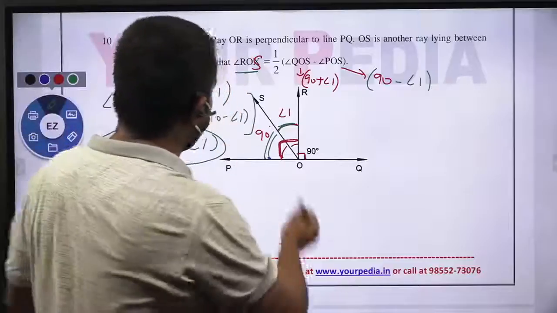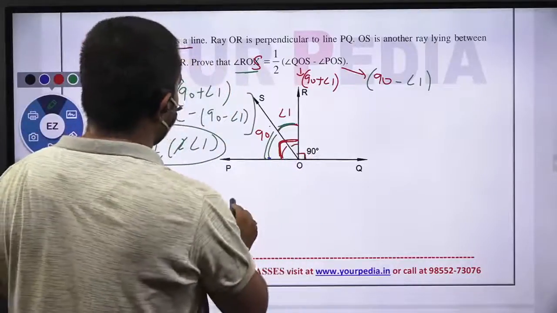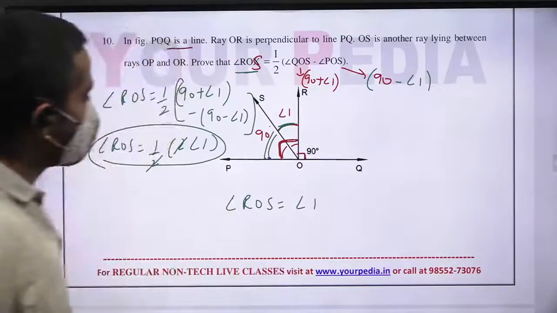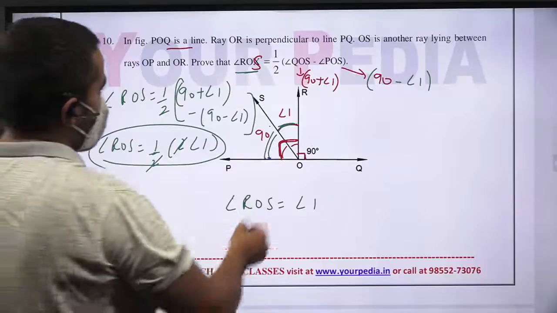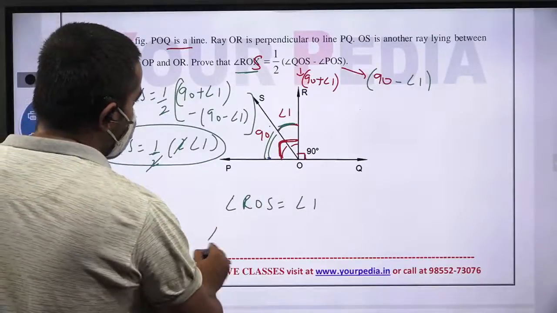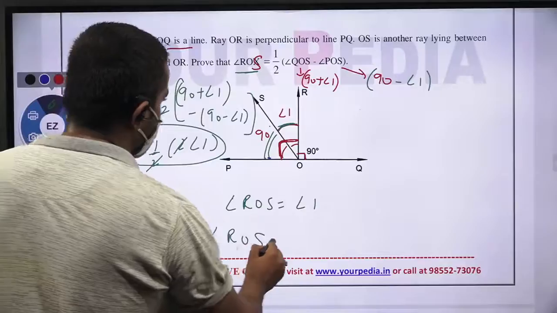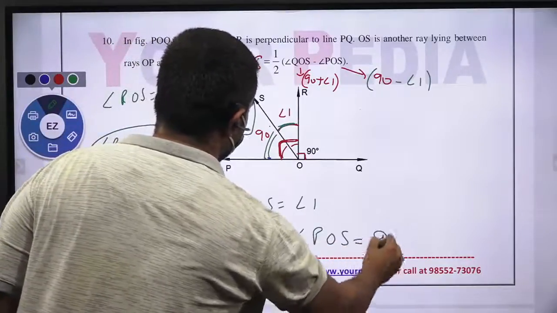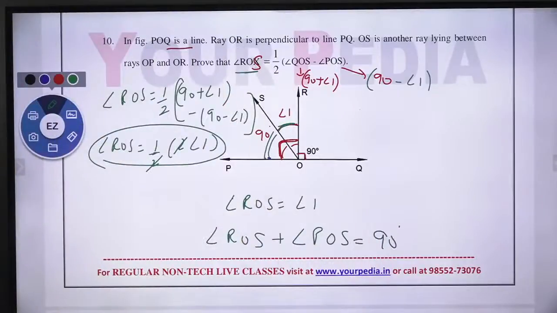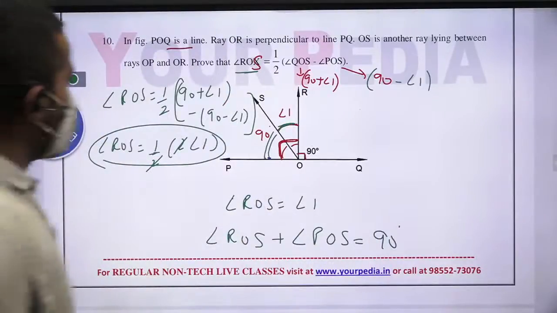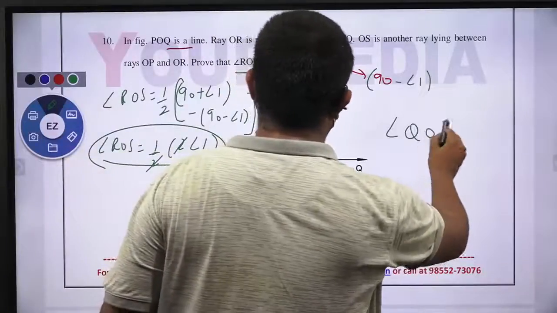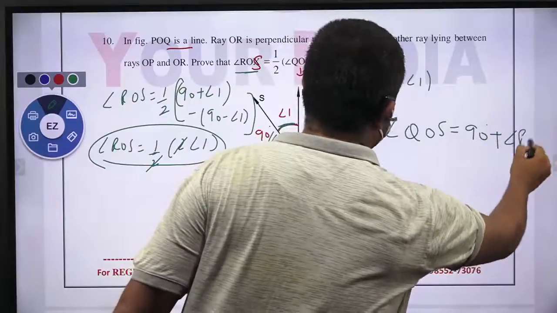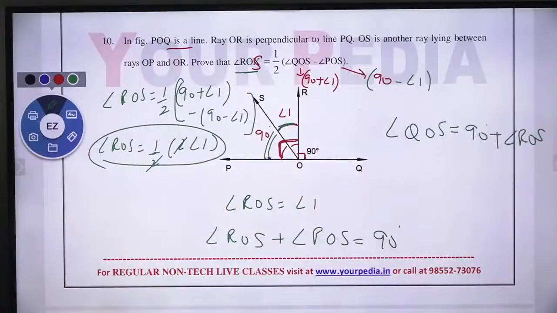Okay, so as we know, let's do angle ROS, we have taken it as angle 1. Now as we already know, angle ROS plus angle POS is equal to 90. Let's do it in these terms, ROS and POS. And similarly, angle QOS is equal to 90 plus angle ROS. Yes or no?